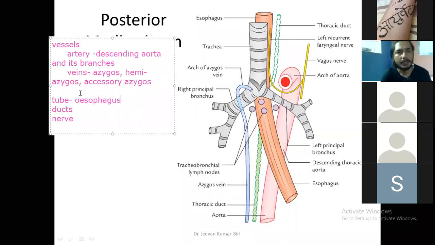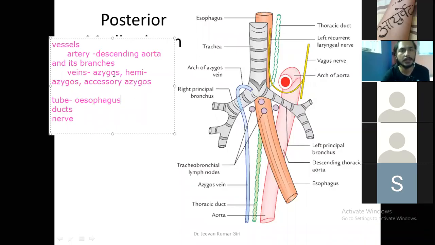If you are writing the vein, you can write the tributaries also: azygous vein, hemiazygous vein, accessory azygous vein and its tributaries. If you are writing the artery, just write artery and its branches. That is sufficient, no need to write the names of the branches.